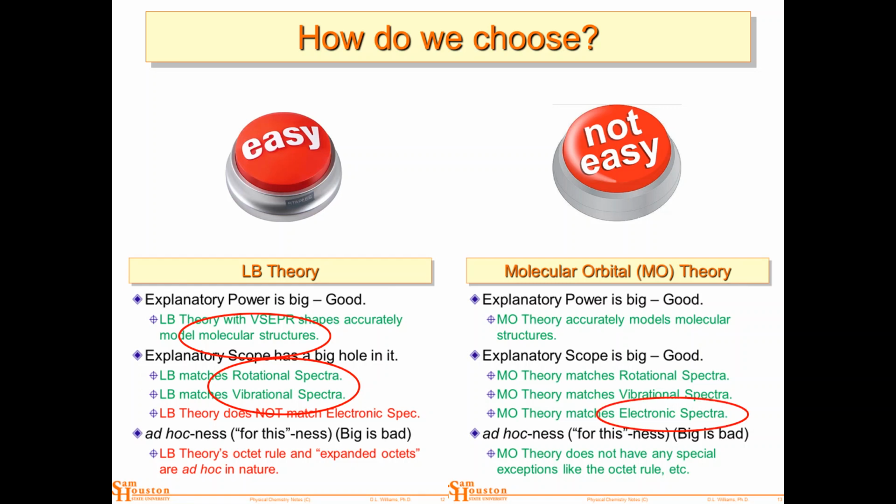And so for electronic spectra and bonding, we need to go to molecular orbital theory. So actually understanding how the bonds are, where those free electrons are. Like I said, when we talked about nucleophilic attack or electrophilic attack, looking at the electrostatic potential, that all requires molecular orbital theory. You can't get there from local bond theory.